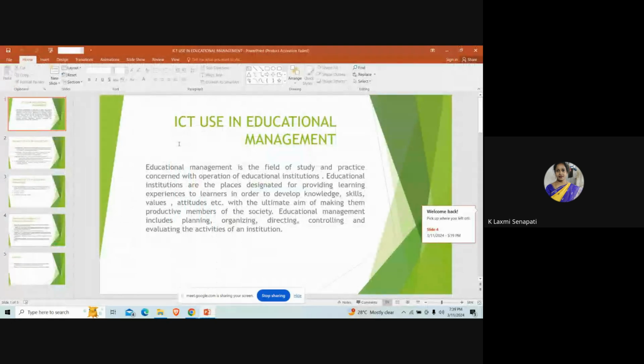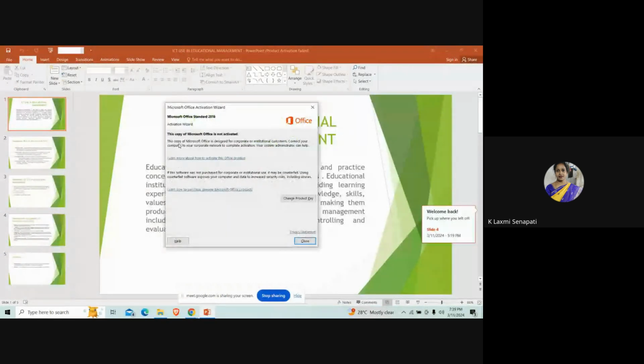Here, how we can integrate ICT in the teaching learning process.